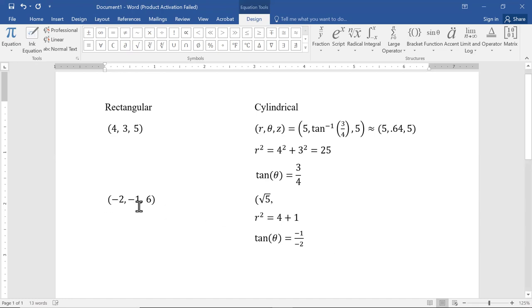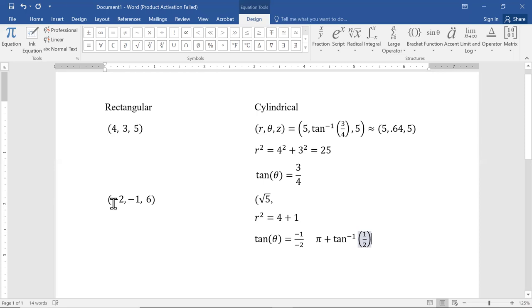Negative 2, negative 1 in the xy plane is in the third quadrant. So I'm going to actually have to add pi to that in order to get the proper angle.